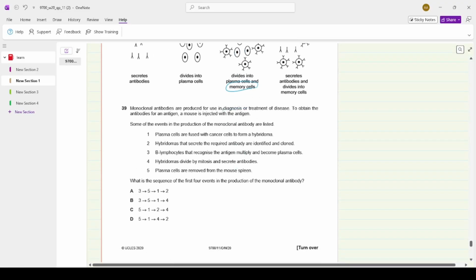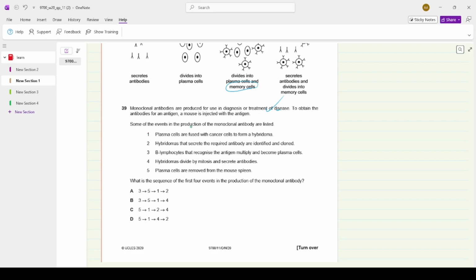Number 39. Monoclonal antibodies are produced for use in diagnosis or treatment of diseases. That's true. To obtain antibodies for an antigen, a mouse is injected with an antigen. Okay, that's true.